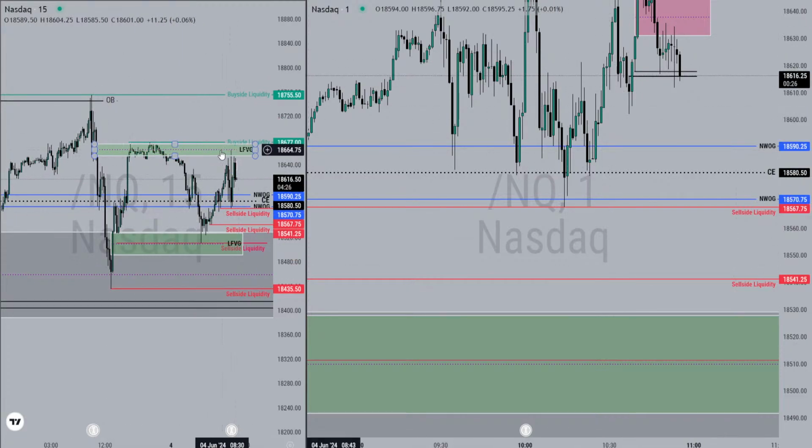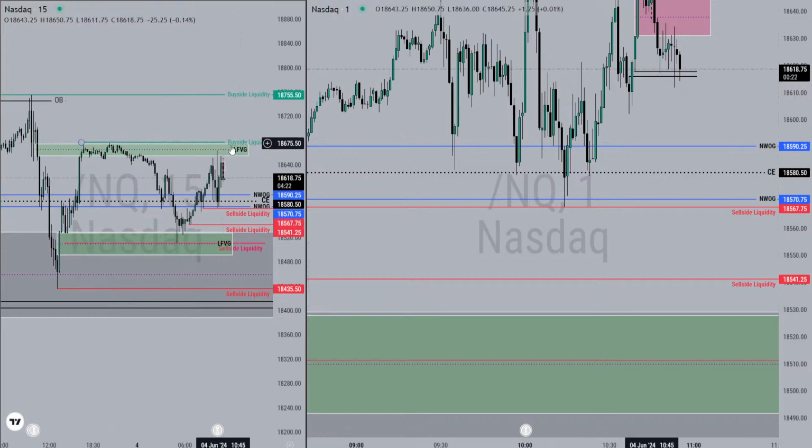The market went higher, made relatively equal highs, and made this buy side liquidity much stronger. Now you have the strongest liquidity around that area. The market should fall and dump these sellers. After that, the market should go for the buy side liquidity.